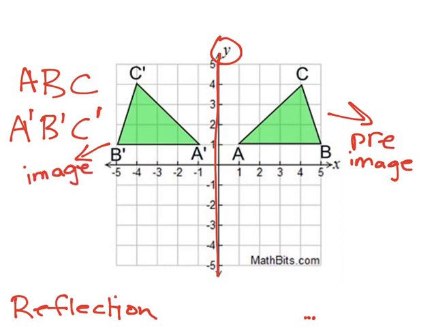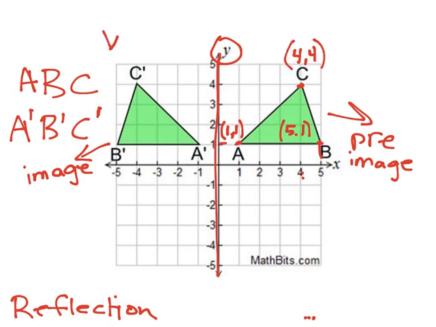Okay, so I'm going to just mark all the points. So A is 1, 1. B is 5, 1. And C is 4, 4.